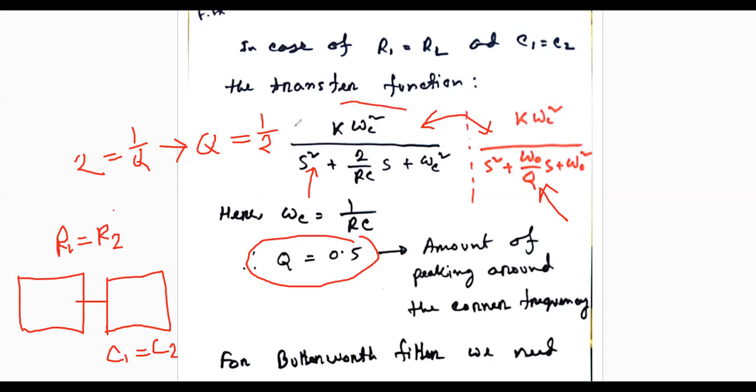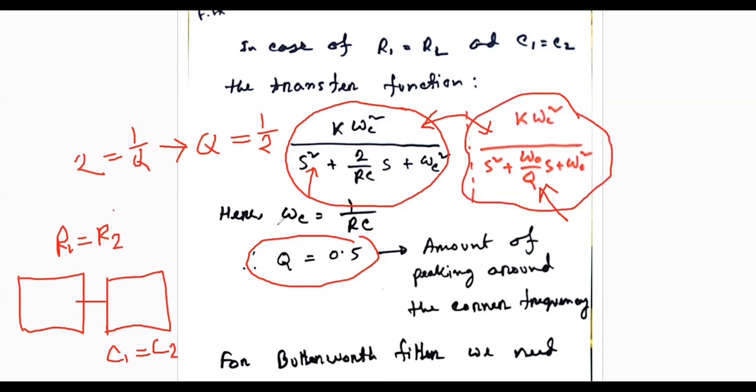For that one, we got this equation. Comparing with the general equation, we found that omega C is equal to 1 by RC, and the quality, the amount of peaking around the corner frequency, is 0.5.